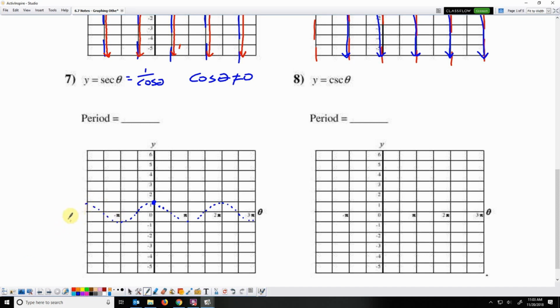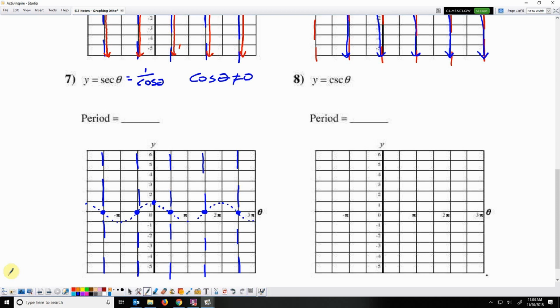Every time it touches its own axis, we're going to have an asymptote. So we started this, building it the same way.